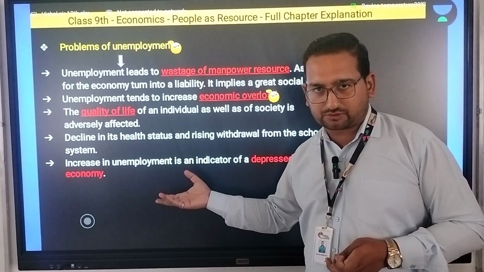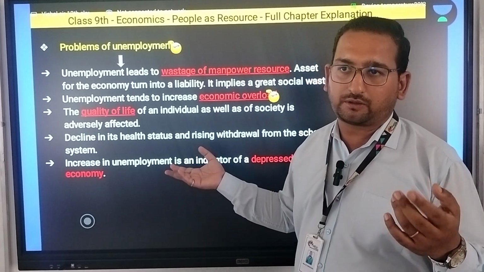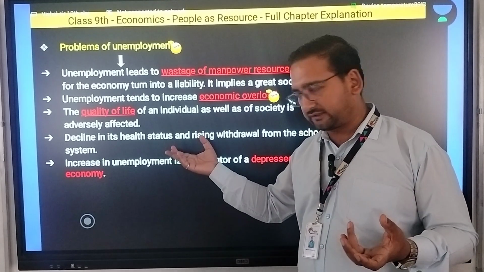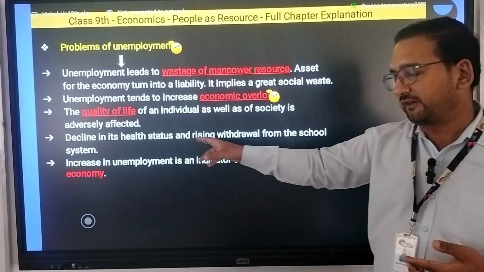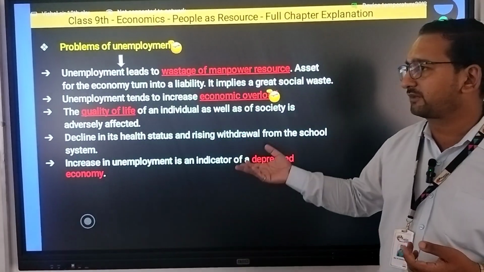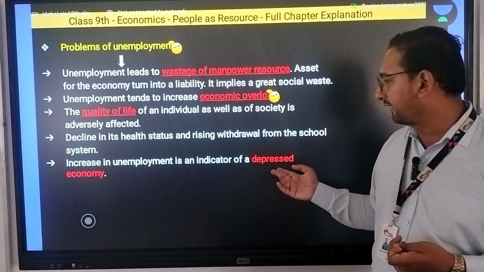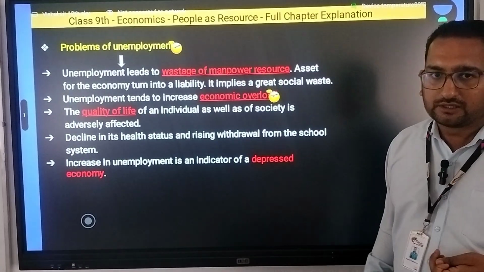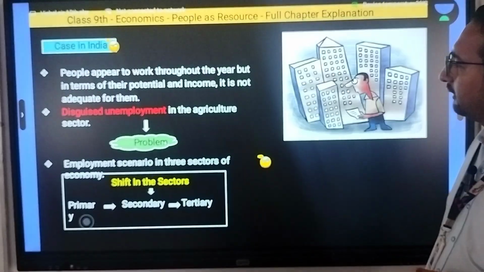Health status also declines because when people don't have money for treatment, the health status is low. In the case of Vilas, there is rising withdrawal from the school system. The increase in unemployment is an indicator of a depressed economy. It will also lead to a depressed economy as well.